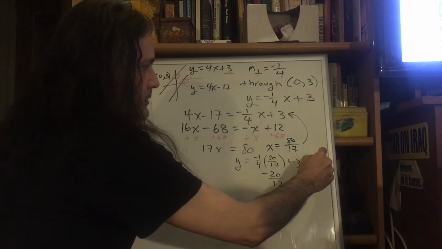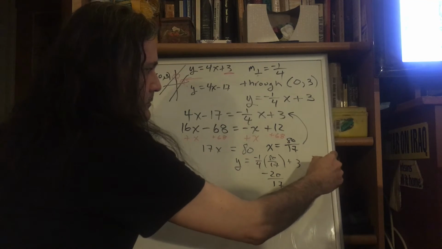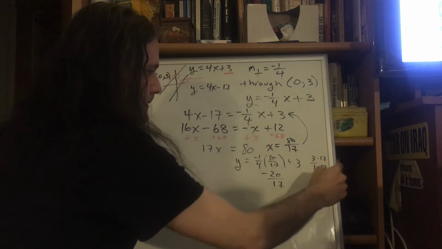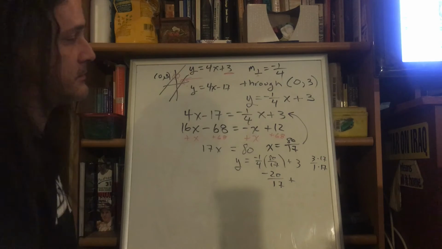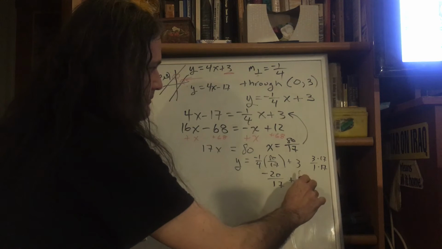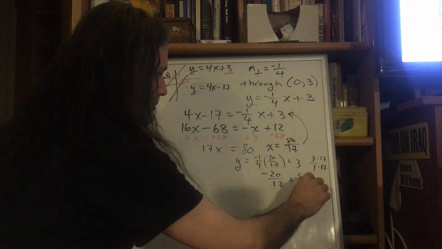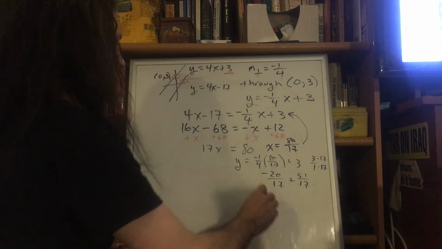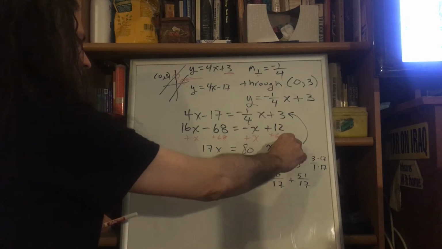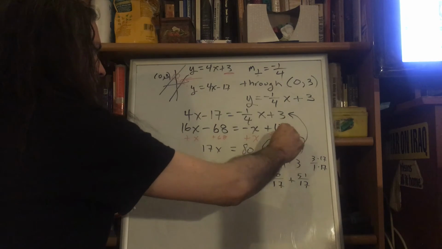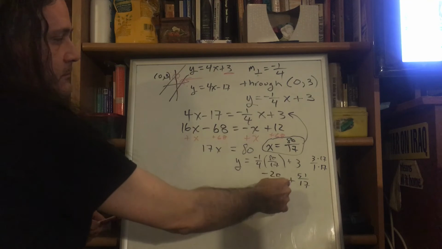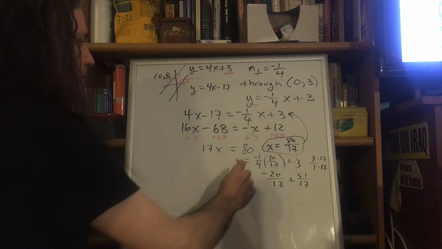And we'll get a common denominator here. Alright, so that's going to become plus, I think that's 51 over 17. Okay, and finally we have the y value that goes with this x value. And that y value is 31 over 17.